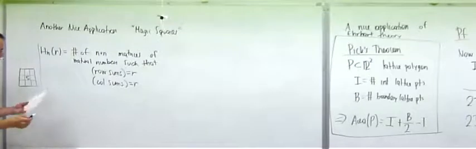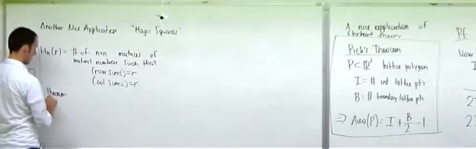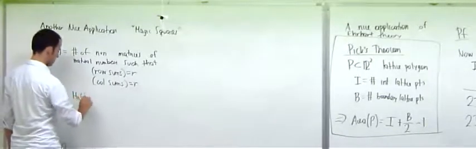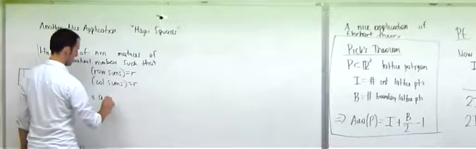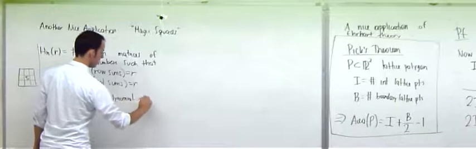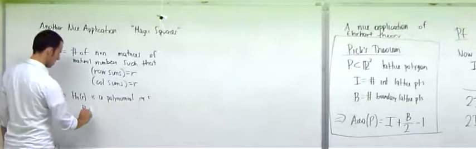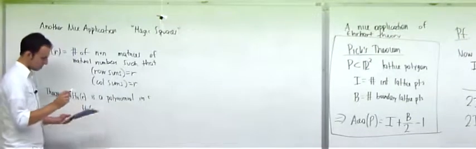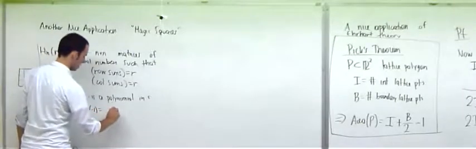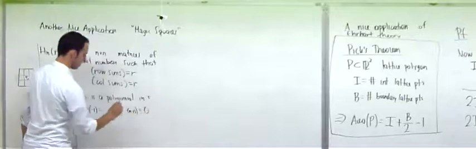Okay. So here's a theorem that maybe for you guys won't be surprising at all, but for anybody else it would be, which is that this is a polynomial in R, such that if you plug in -1 or -2 or anything up to -(n minus 1), you're going to get 0 always.